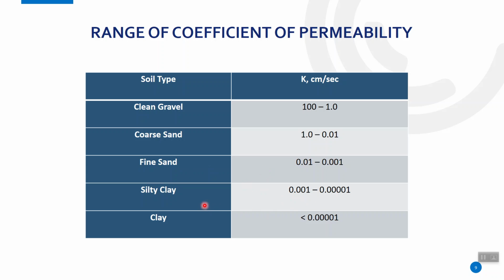And then silty clay is between 0.001 and 0.00001 centimeter per second. Less than 0.00001 is clay soil. So you can classify the type of soil based on the K value that you get from the laboratory test.